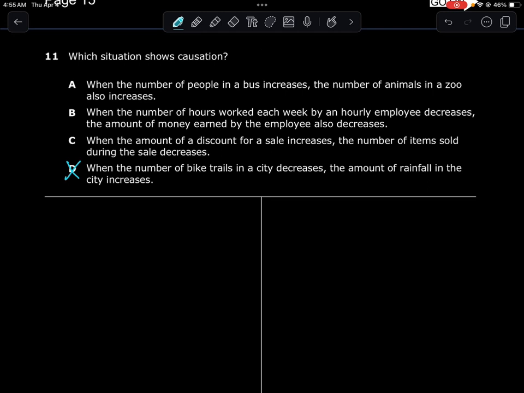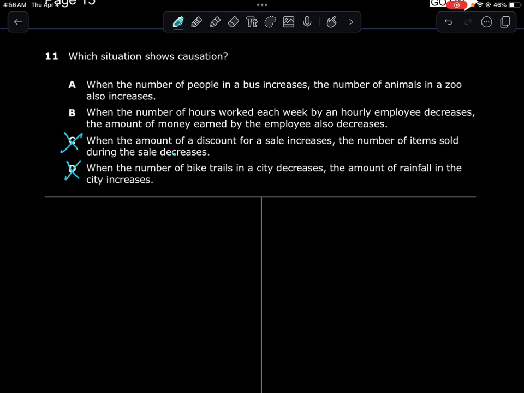When the amount of discount for sale increases, what decreases? The discount increases, meaning the prices go down, and the number of items sold during the sale decreases. So when the prices go down, the sales should increase, not decrease. So that's not it. When the number of hours worked each week by an hourly employee decreases, the amount of money earned by the employee also decreases.